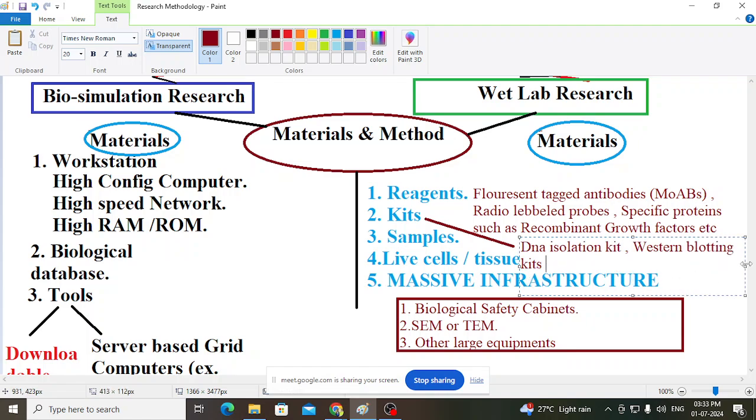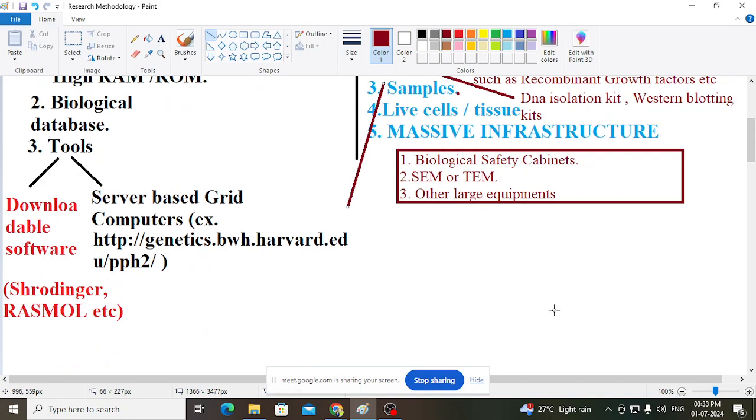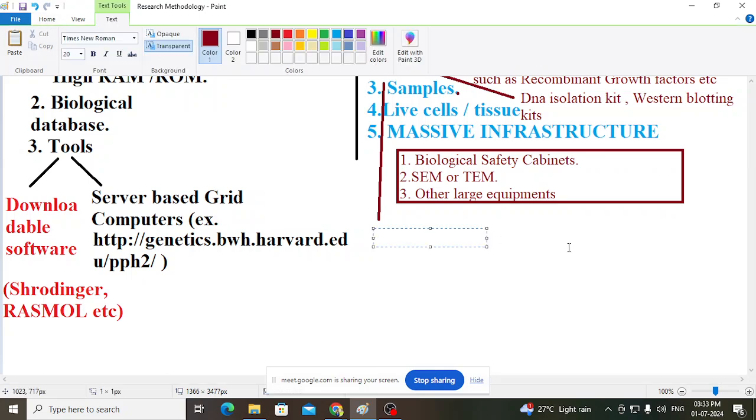Then when we talk about samples, what are the examples of samples? This could be biological samples, like urine sample, blood sample, sputum.